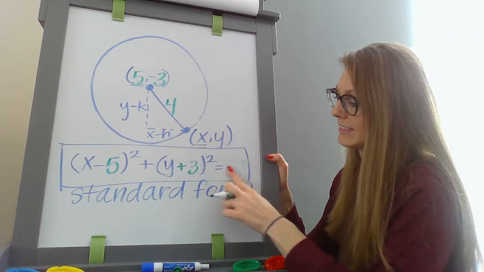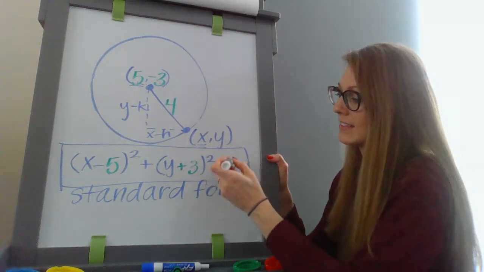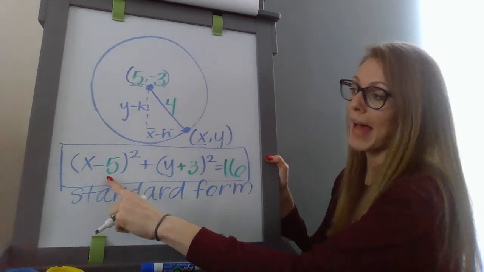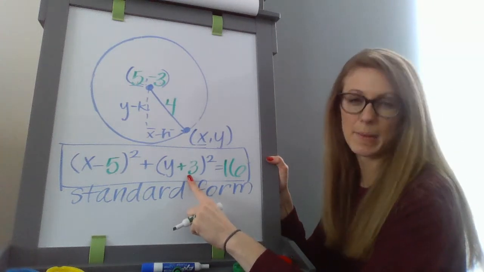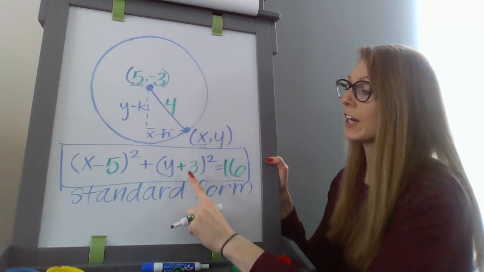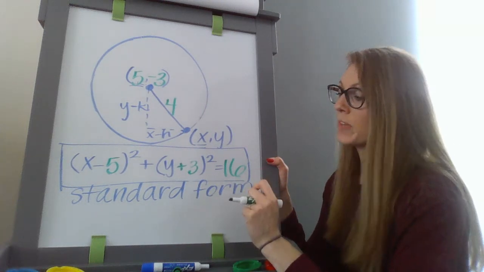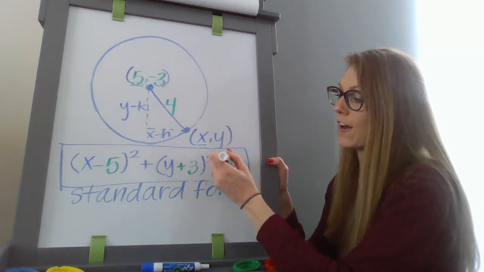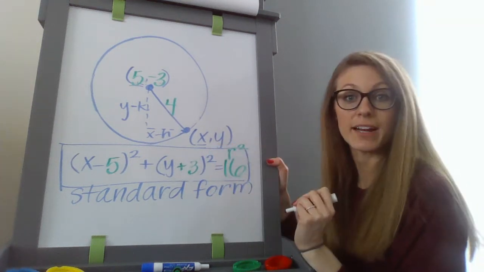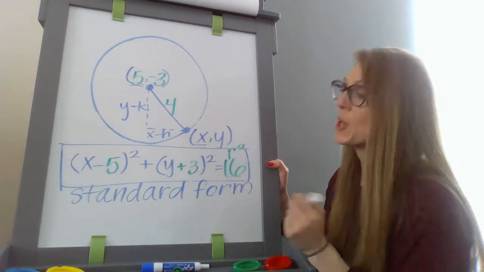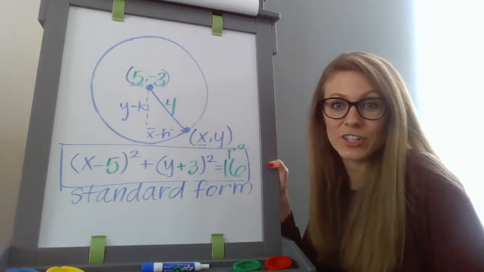So if we square the 4 and write 16 instead, this is the equation of a circle that has a center at +5, -3, kind of opposite of what it looks like in the equation, and a radius, which is really the square root of this, because remember the equation ended with r squared because of the Pythagorean theorem. It's like our c squared in our Pythagorean theorem. So that's it. That's all an equation of a circle is.